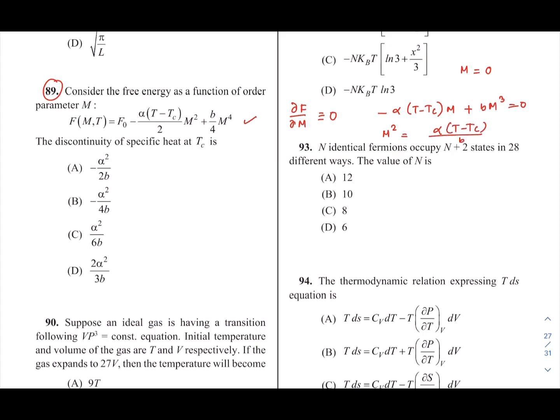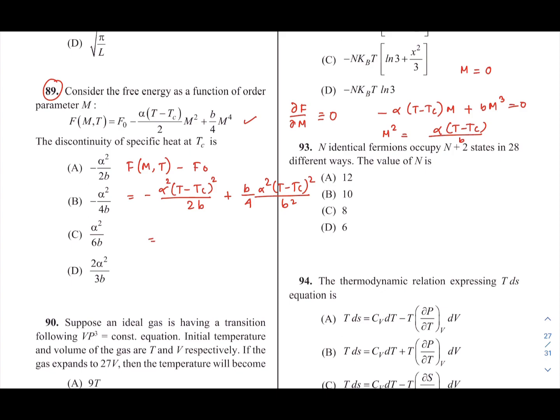So let us now put this value of m squared in f. f(m) minus f0 is equal to minus alpha (T minus Tc) divided by 2 times this plus b by 4 times alpha squared (T minus Tc) whole squared divided by b squared.